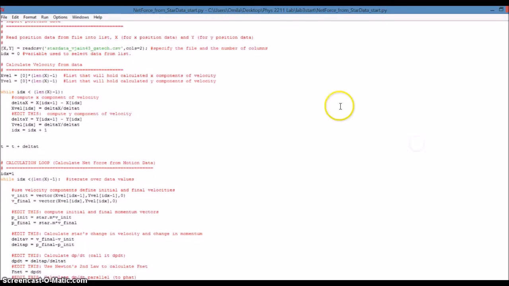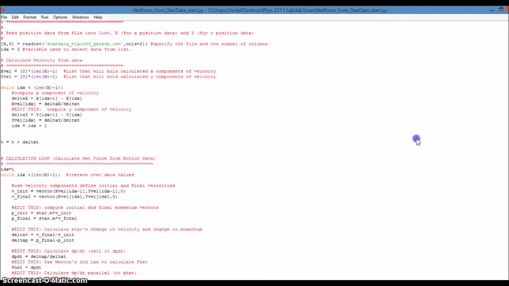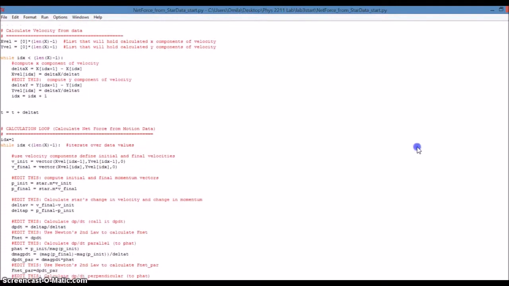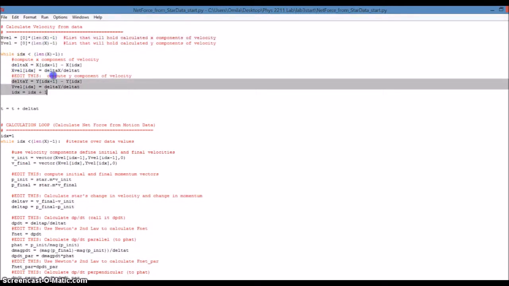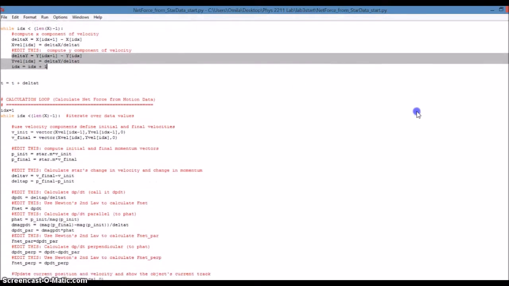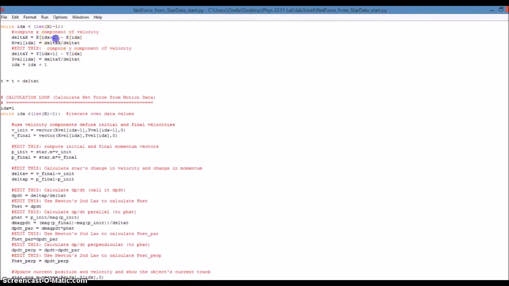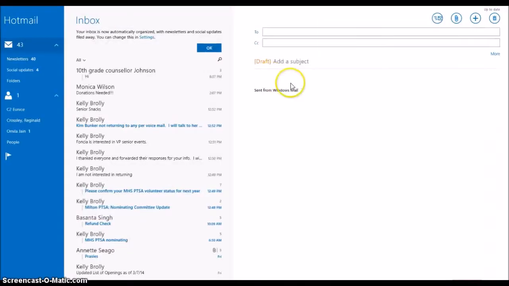Although the delta x and x vel of the index were given in the star code correctly as you can see right here, delta y needed to be manipulated, as well as y vel of the index, because delta y had to not be 0 or whatever the initial condition was set as, but instead be y of index plus 1 minus y of index, and y vel index was set to be delta y over delta t. This was very key in terms of computing the y component of the velocity.